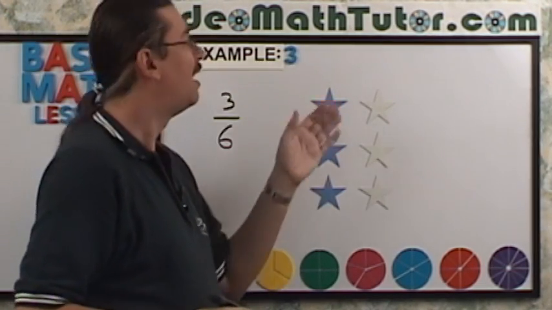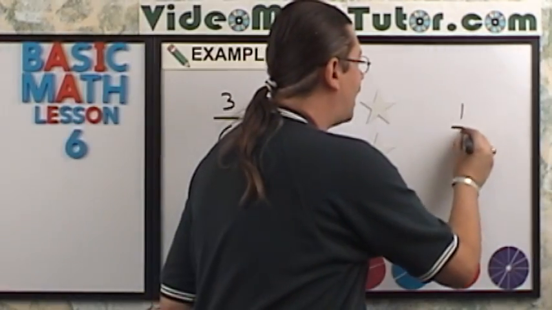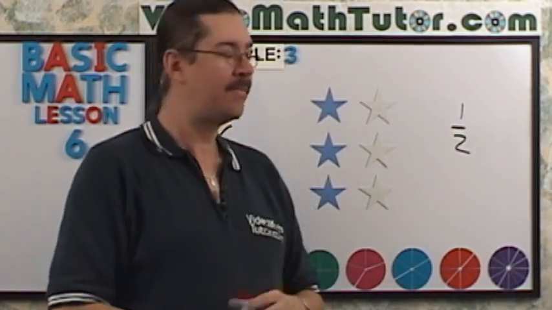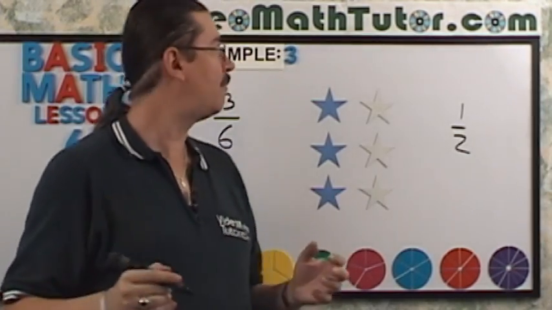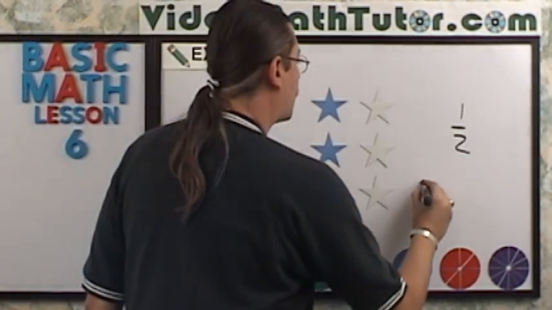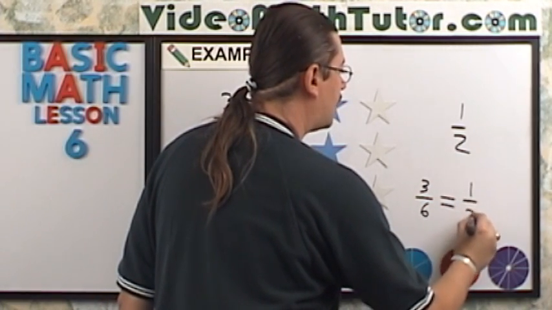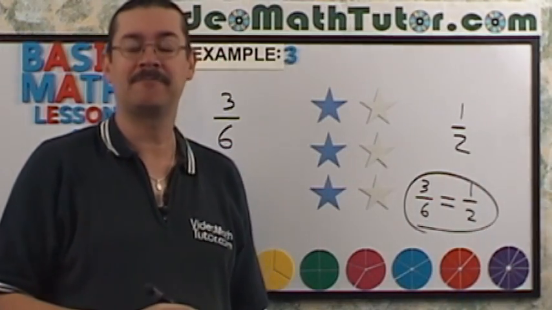Half the stars are blue, half the stars are gray. So I can just say 1/2 is also a common fraction. But we just talked about the same group of stars. Therefore, we can say 3/6 is equivalent to 1/2. Something to think about.